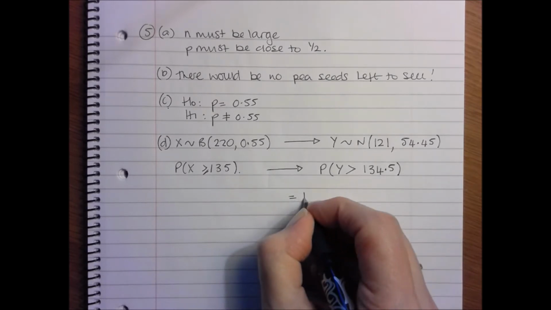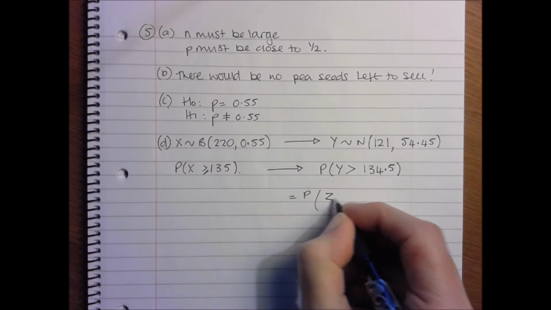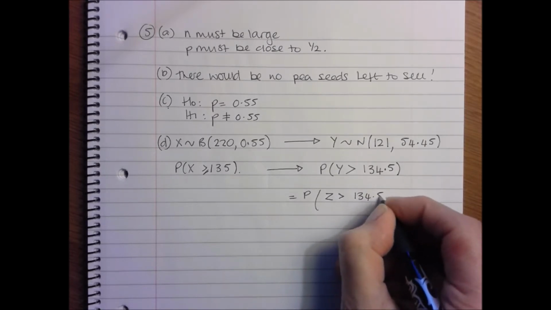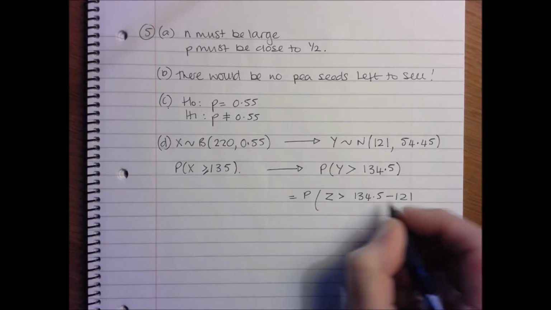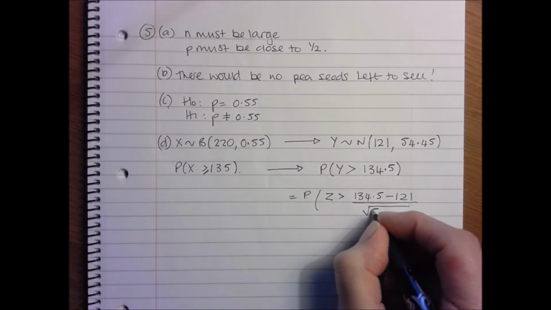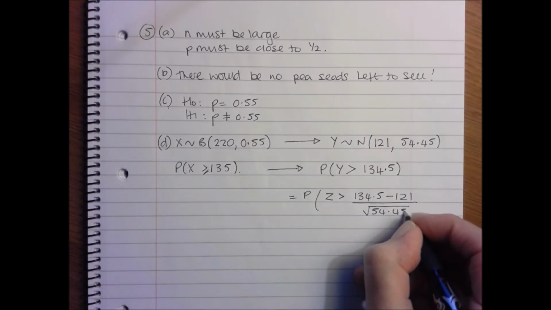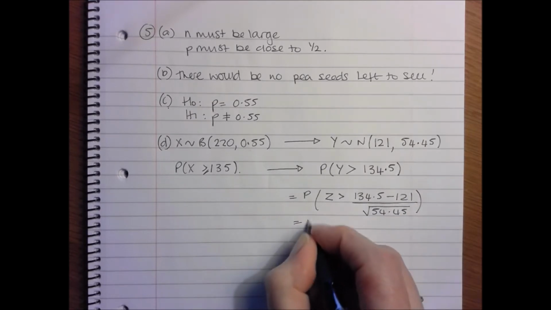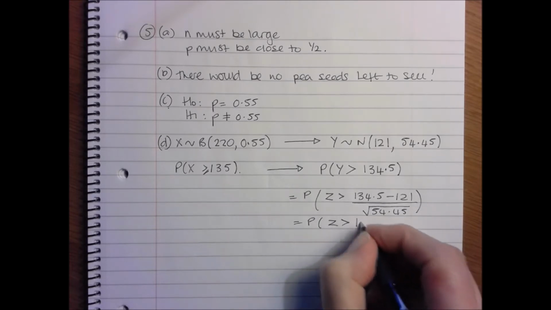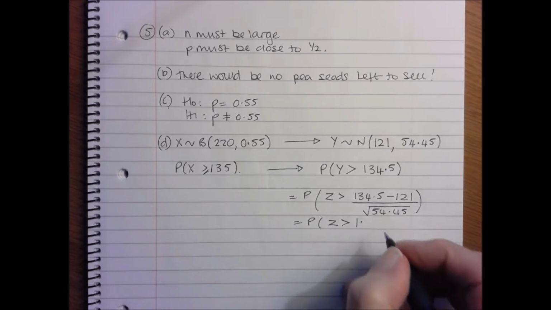So this is then the probability that Z is bigger than 134.5 minus 121 divided by sigma, which is the square root of 54.45. So this gives me the probability that Z is bigger than 1.8925.